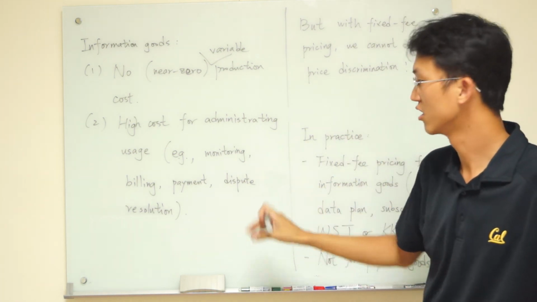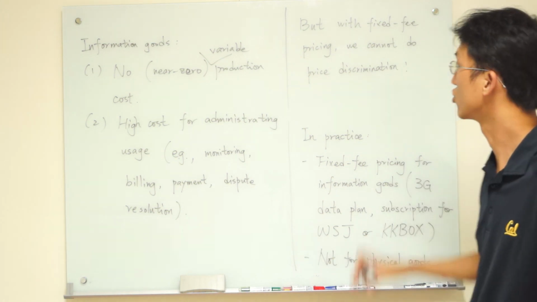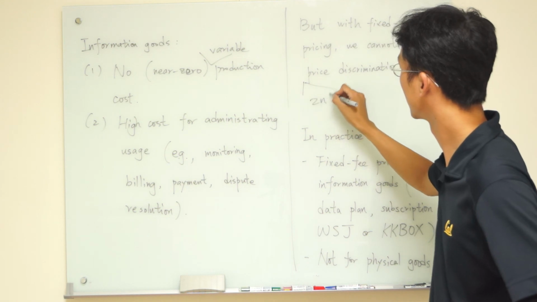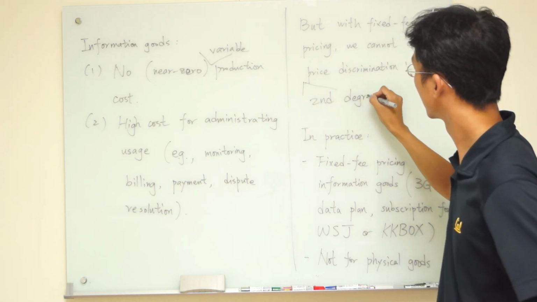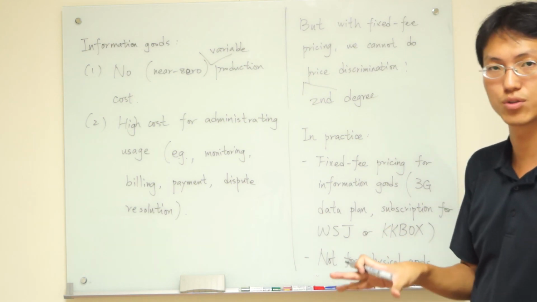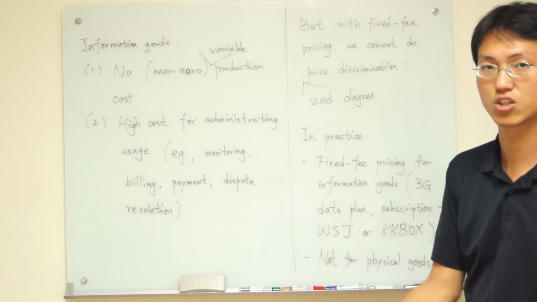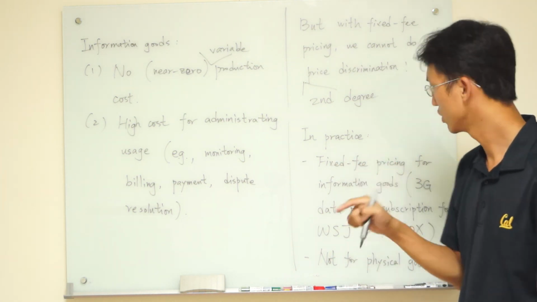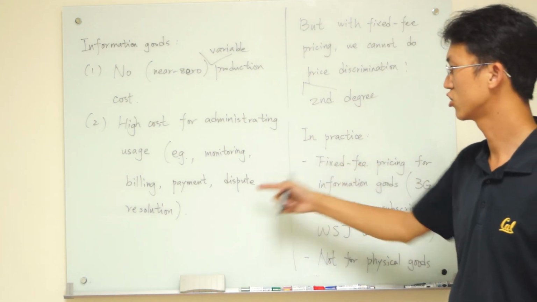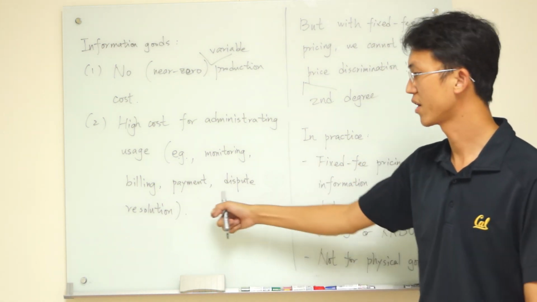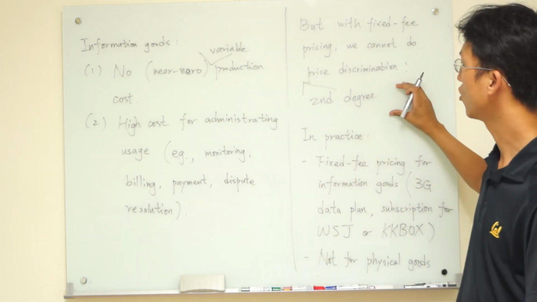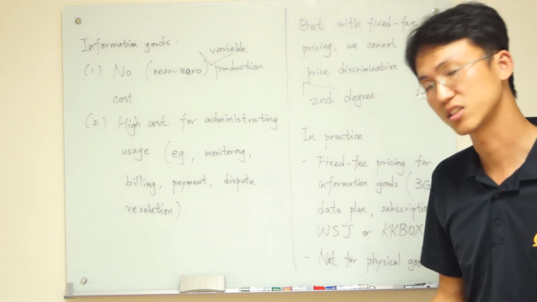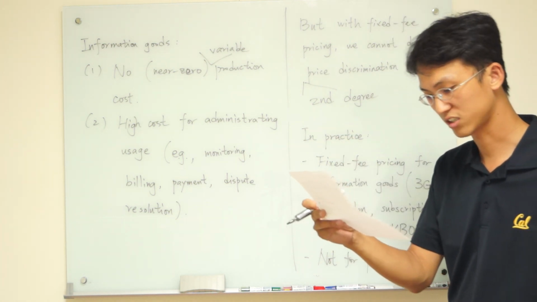We give up the chance for pricing according to usage. So we are not able to do second degree price discrimination. And when we are unable to do price discrimination, we're going to lose some money, right? So now the question is, should we really use fixed fee pricing? Is it good or is it not so good? Can the benefit of cost saving always compensate for the loss without second degree price discrimination? Okay, so that's the issue.